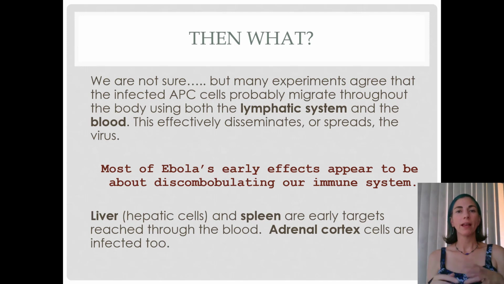In other words, they help you make clots to prevent bleeding out of your blood vessels. The adrenal cortex is a site where you produce a lot of hormones, including hormones that regulate the salt levels in your blood, that's aldosterone, and also cortisol, the stress hormone, which is useful when you are stressed. So adrenal cortex cells being infected and therefore not doing their job is also not a good thing.